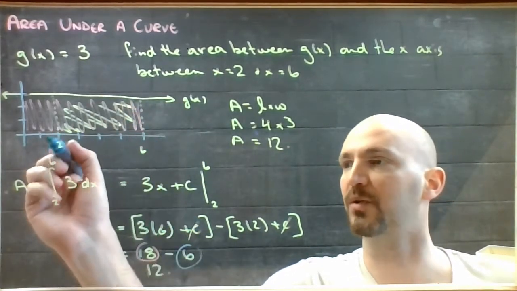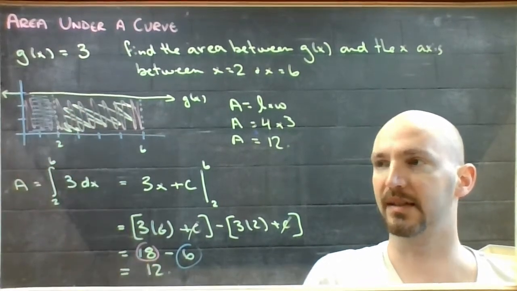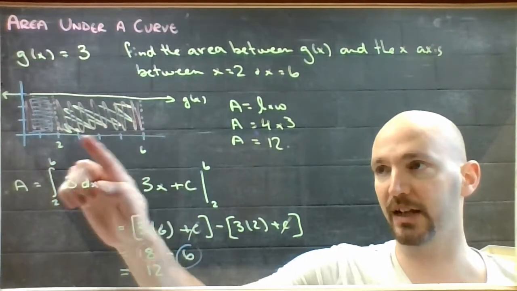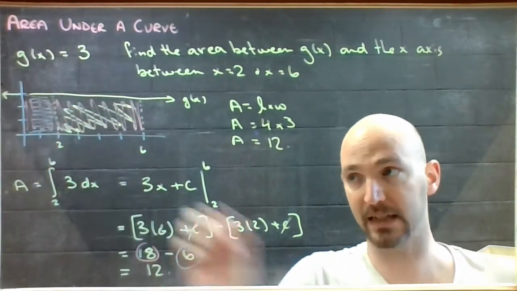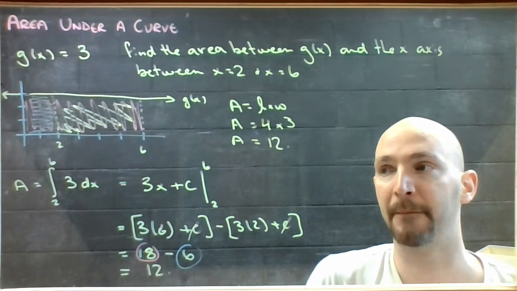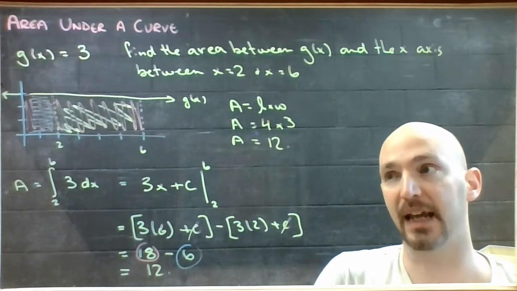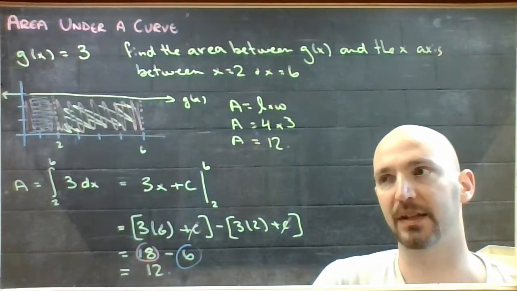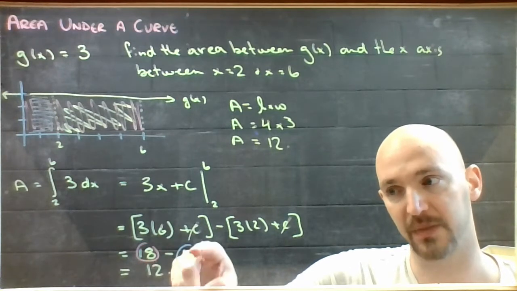And the 6 units would be everything up to 2. 2 times 3 is 6. So I can get the area shaded in green by taking the area shaded in pink and subtracting the area shaded in blue. So this integral is generating the area of all the shapes underneath of that curve, and you're just selecting off the pieces that you want to keep and the pieces you want to throw away.